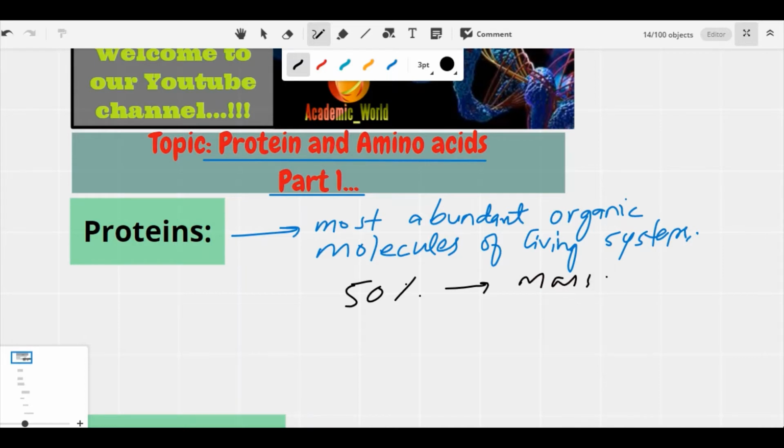So proteins form a fundamental basis of the structure and functions of life. It means they form the basic functions of life and the structure of living things.